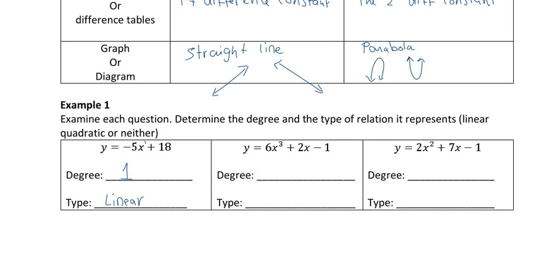How about the second one? What's the degree? For this one, what's the highest degree? 3. Right? You see this? This is your highest degree. So is it quadratic? No. Quadratic has to be 2. Is it linear?